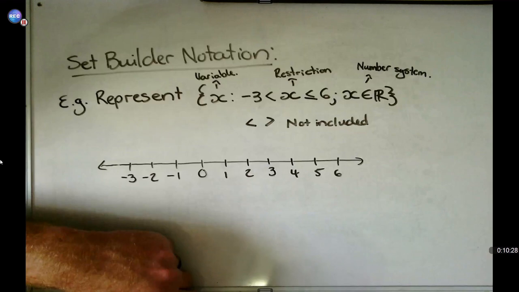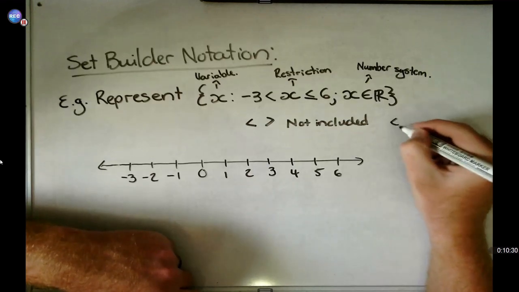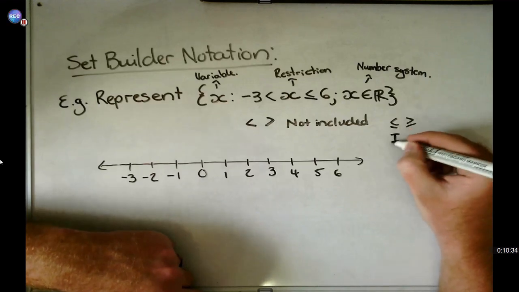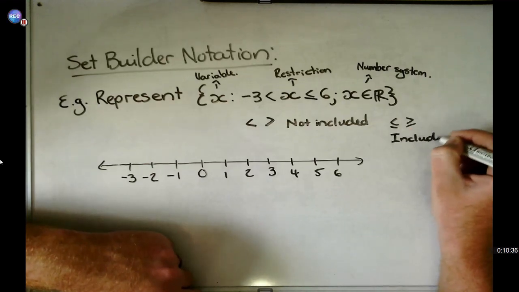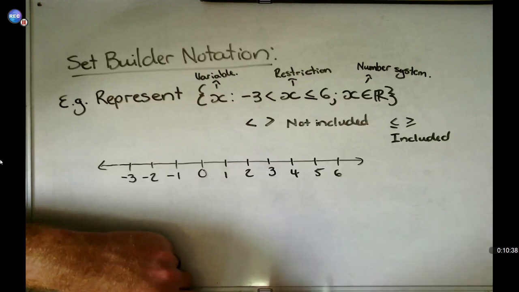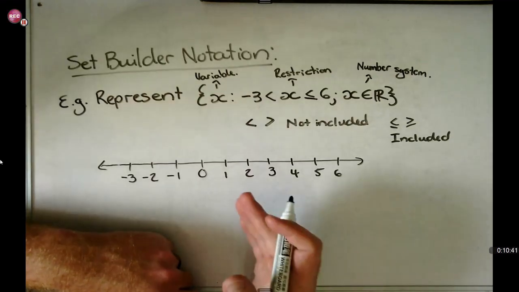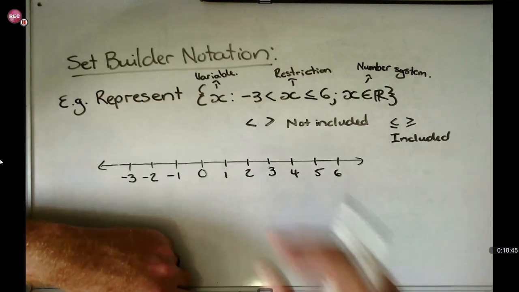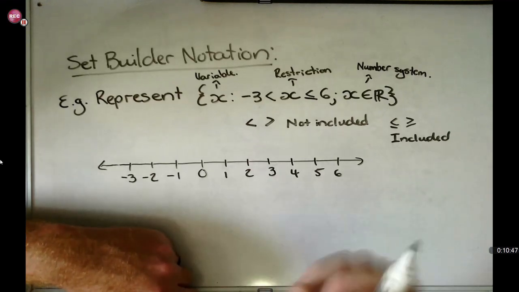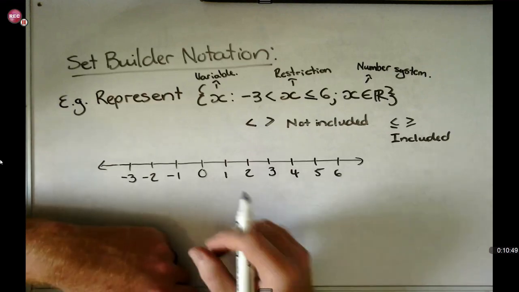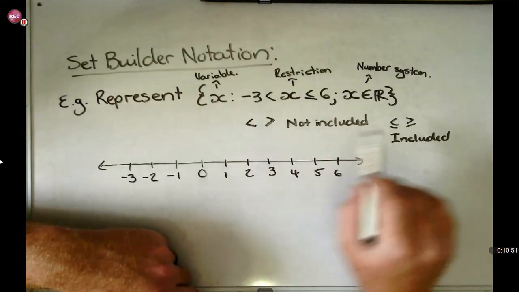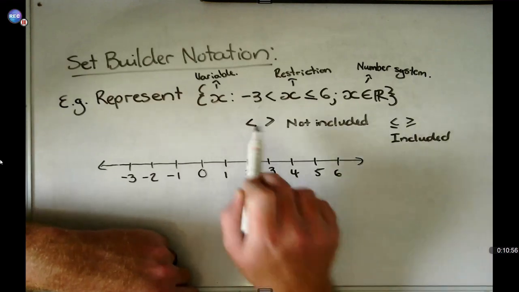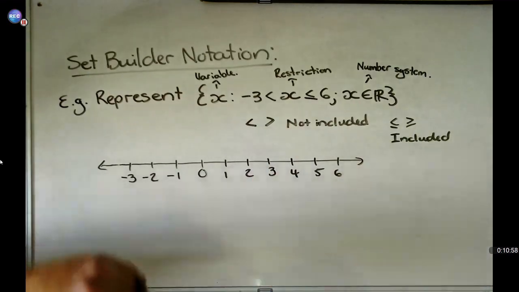But as soon as a symbol has that equal attached to it, the number is included. It's the same as those dots. If the dot is open or the bracket is curved, the number is not included. But as soon as the bracket is a block bracket and the dot is colored in, the number is included. Okay, now these signs work exactly the same. Included, not included.